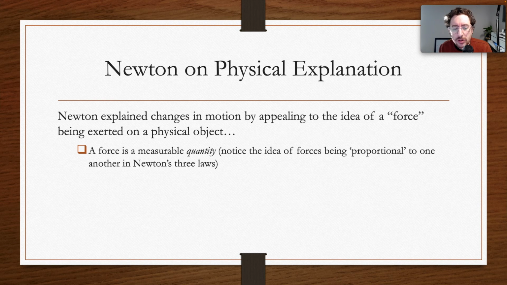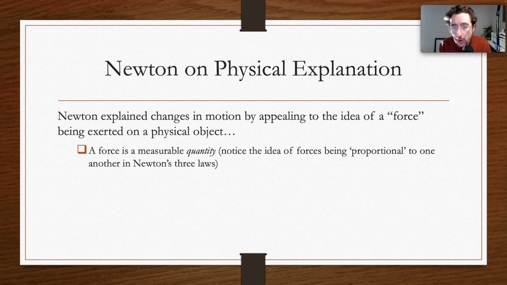Now, Newton seems to suggest, and he's unclear about this, and it caused a lot of confusion at his time with people reading Newton, but one way to understand this is that Newton sees a force as a measurable quantity. Notice the idea of forces being proportional to one another in Newton's three laws. This idea of being proportional is a mathematical description of what this force is.